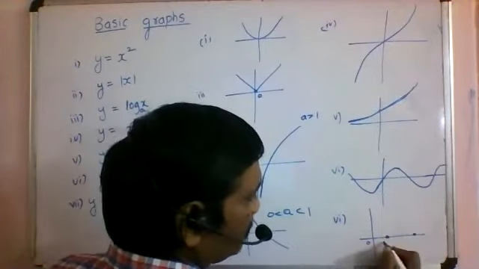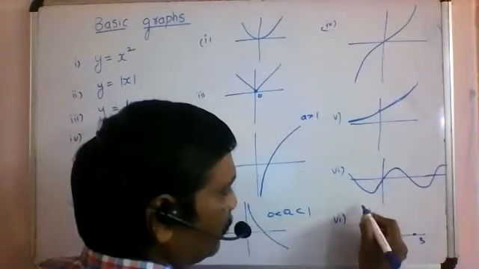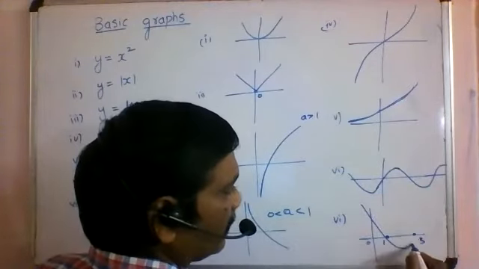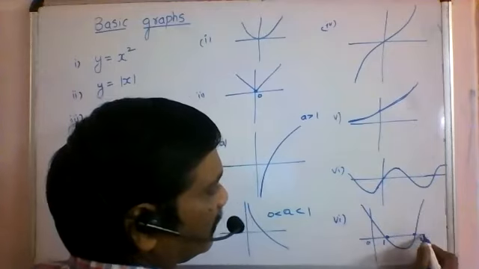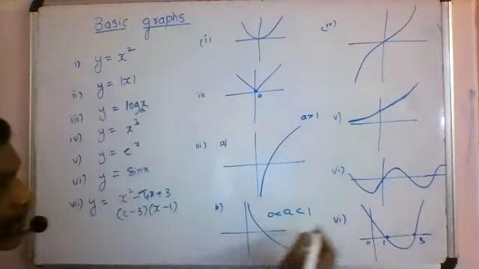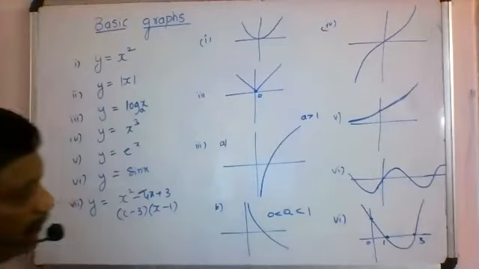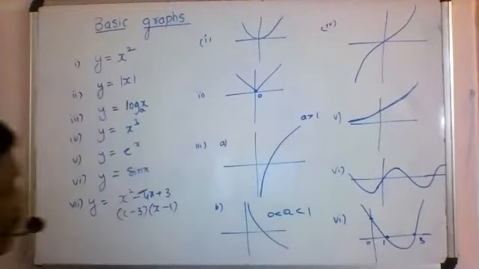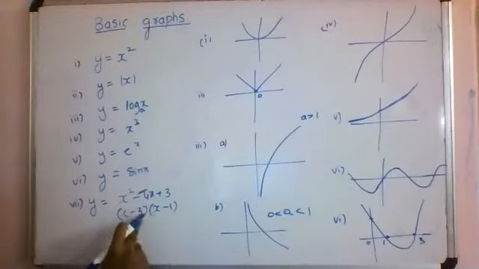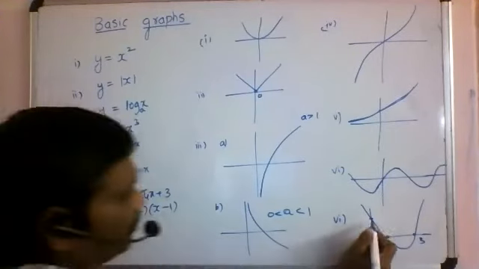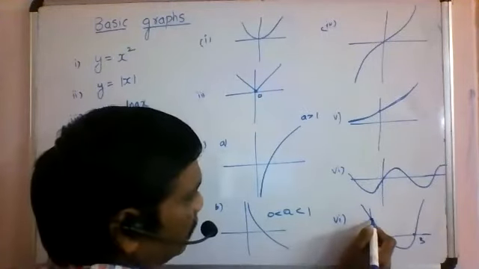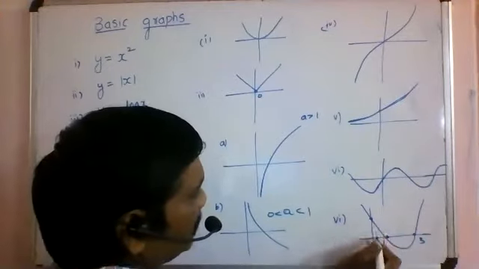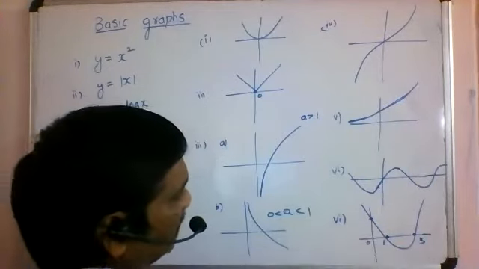And you have to find where it is cutting the y-axis. If I put x is equal to 0, minus 3 into minus 1 is plus 3, so this should be 0, 3. So at a distance of 3 units from the origin on the y-axis, it is cutting the y-axis.